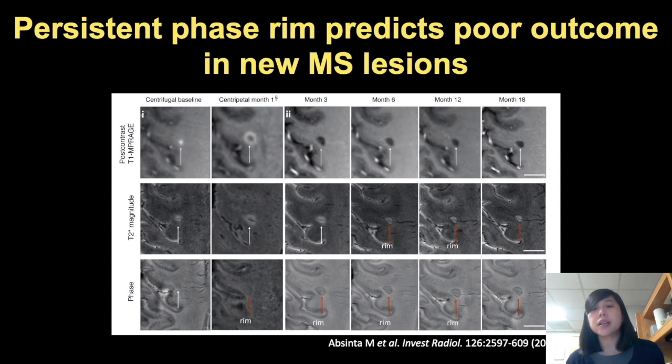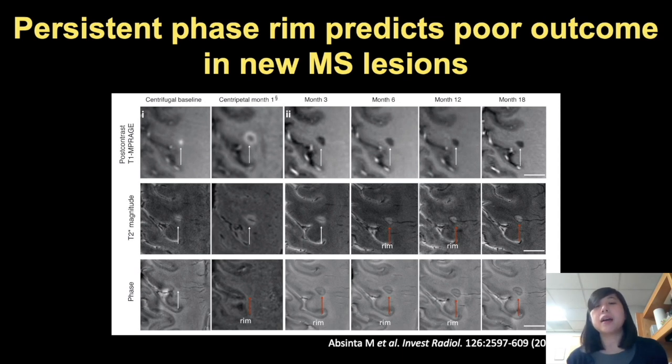So this was a study that was done at 7 Tesla showing that despite resolution of enhancement within this lesion, there was actually the development of a persistent phase rim, this dark rim around the lesion. And this is thought to correspond to chronic inflammation at the boundaries of the lesion, specifically reflecting iron content taken up by microglia at the edges of the lesion.